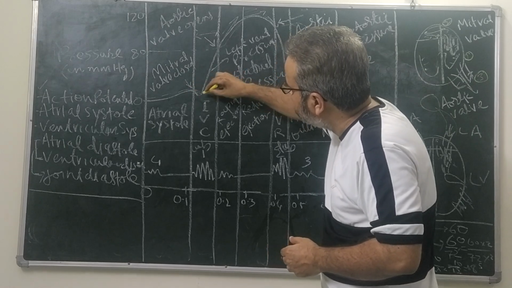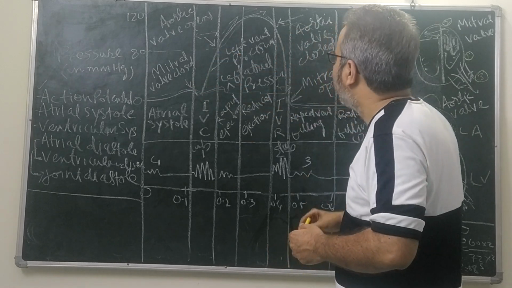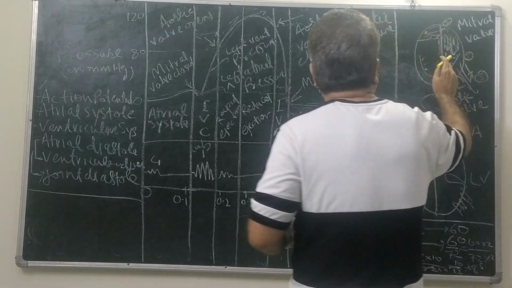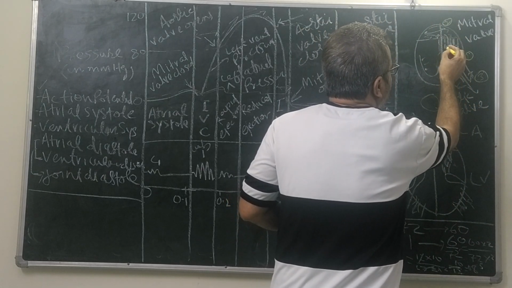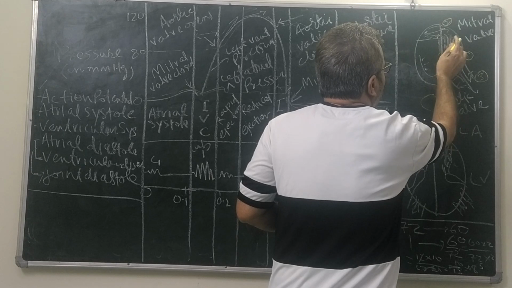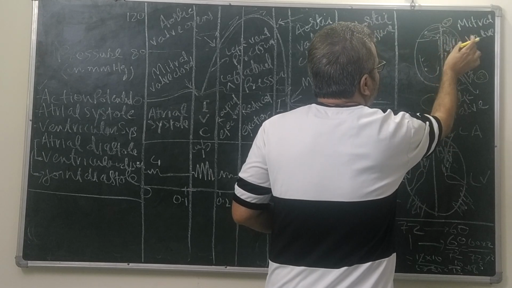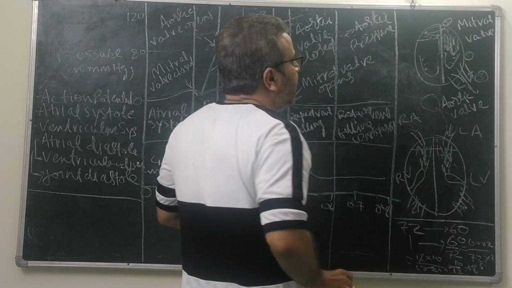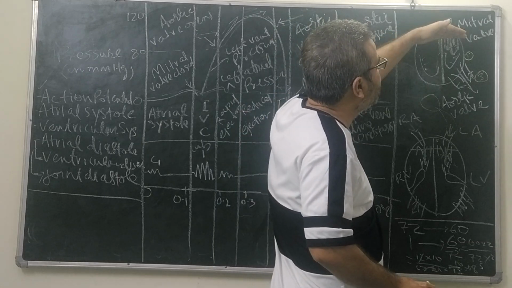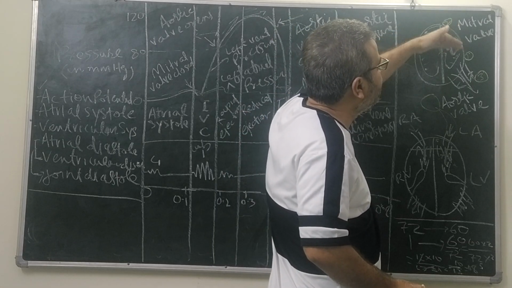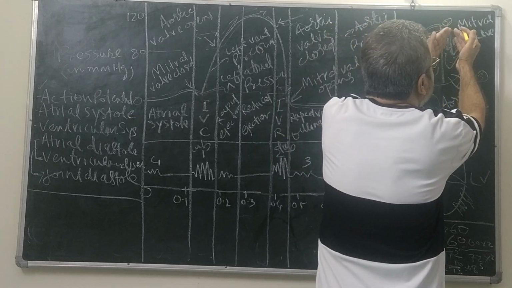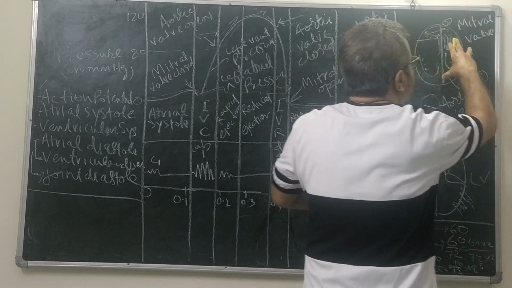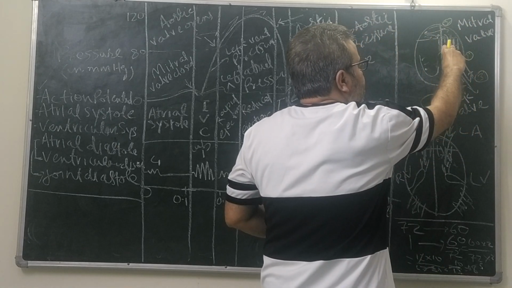Aortic pressure is this one, so the ventricular pressure is increased. We can easily understand that this increased pressure of the ventricle will push this valve, which is called the mitral valve, the left side atrioventricular valve. So this pushes the mitral valve to close when the ventricle is in systole.